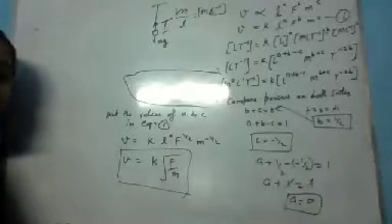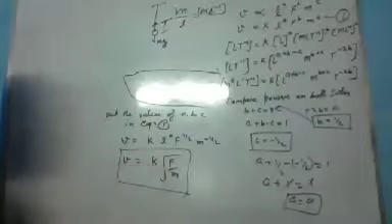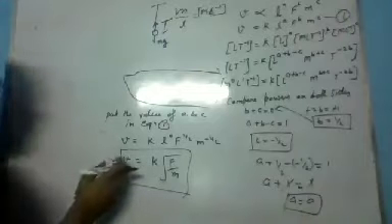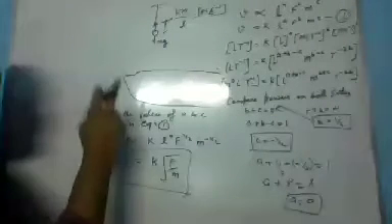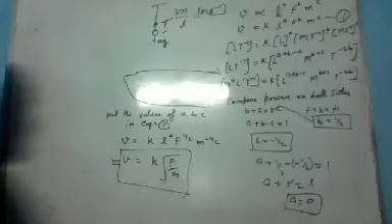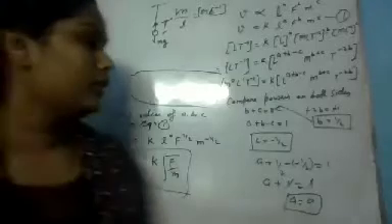Okay. Do not worry about this particular constant here. This will be the possible formula of the velocity of a transverse wave. Is that clear? Yes, ma'am. Note down, everyone.